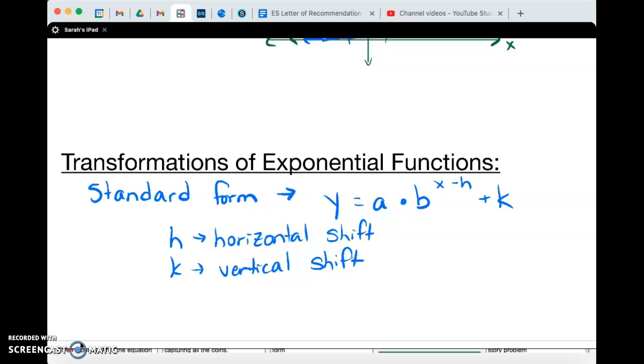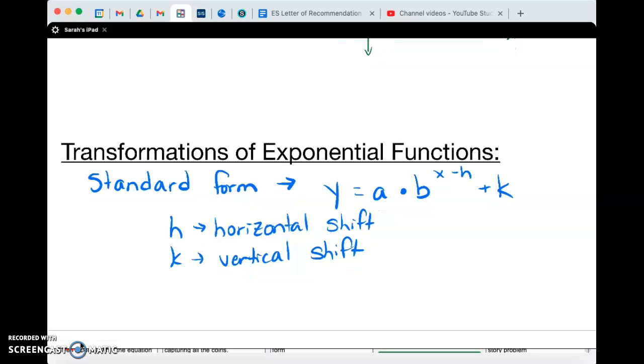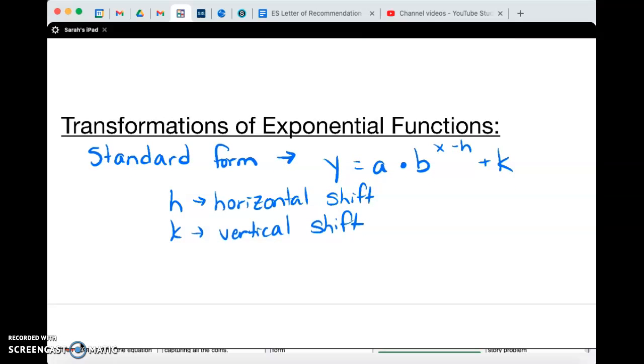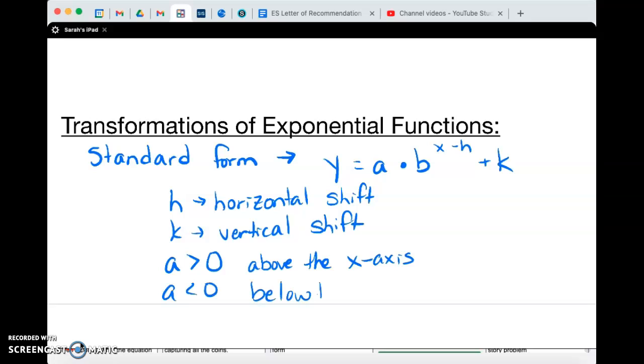Do we remember what a did? Yeah. So if it's positive, my exponential is above the x-axis. If it's less than 0, it's below the x-axis. I'm going to put a restriction on b too.